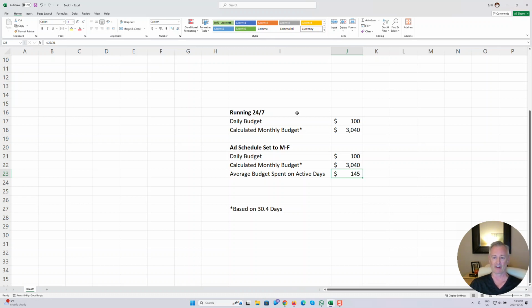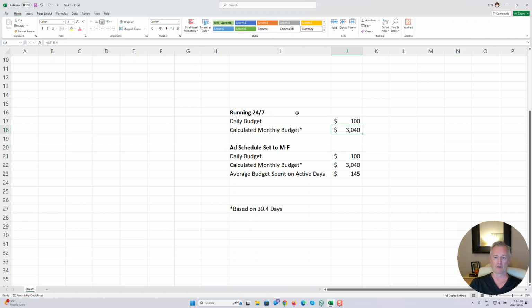If in fact your intention is to spend $100 per day, only Monday to Friday, then you need to divide out by the number of days. So you actually need to work with a $2,100 budget because there are 21 days that you'll be active.